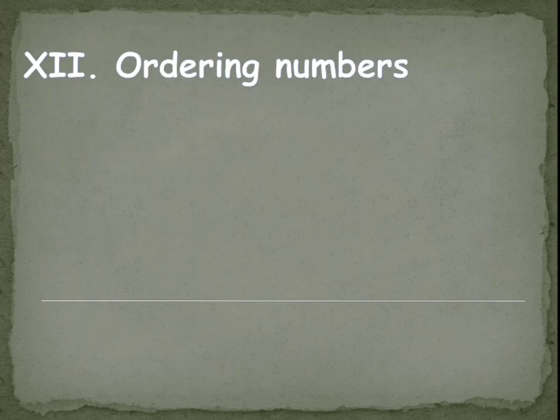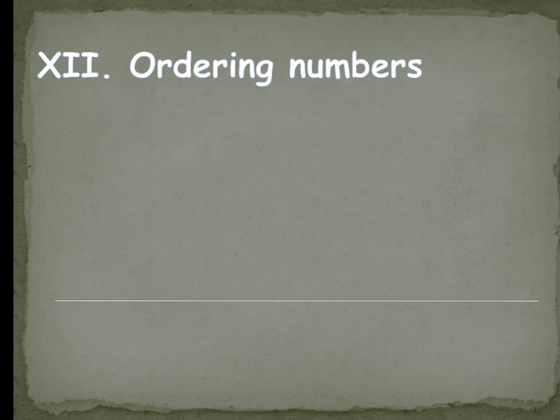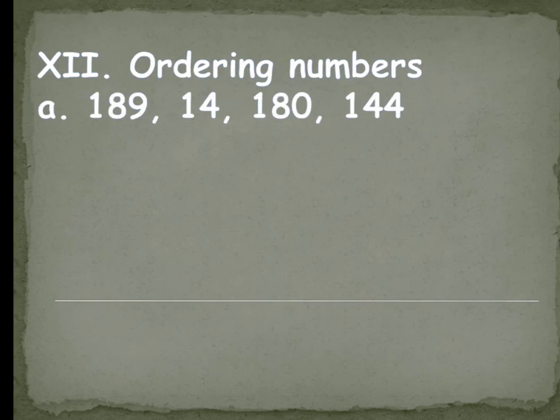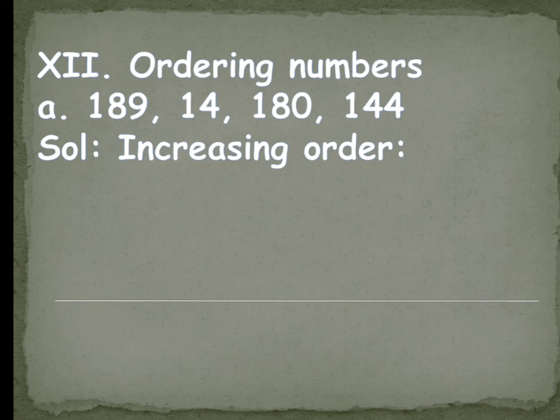Coming to your 12th bit, ordering numbers. You need to write the numbers in increasing or ascending order as well as in descending order. Let's see the sums here. The numbers are 189, 14, 180, 144. First you will write the ascending order, or increasing order.